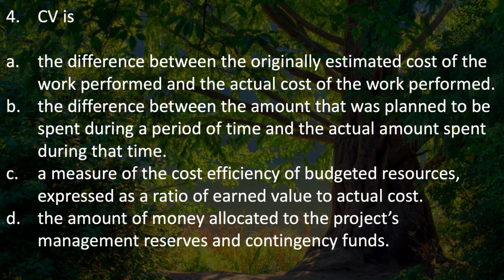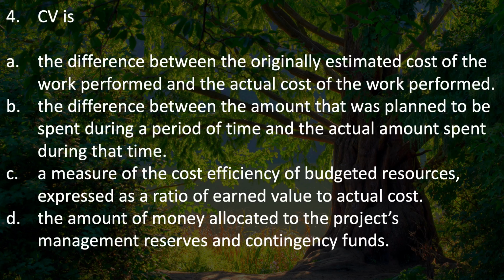4. CV is A, the difference between the originally estimated cost of the work performed and the actual cost of the work performed. B, the difference between the amount that was planned to be spent during a period of time and the actual amount spent during that time. C, a measure of the cost efficiency of budgeted resources expressed as a ratio of earned value to actual cost.